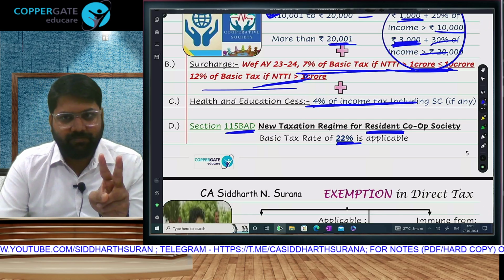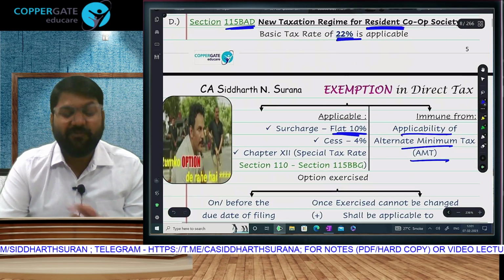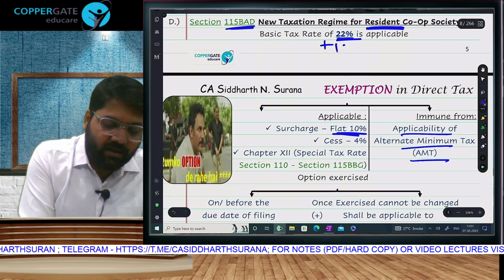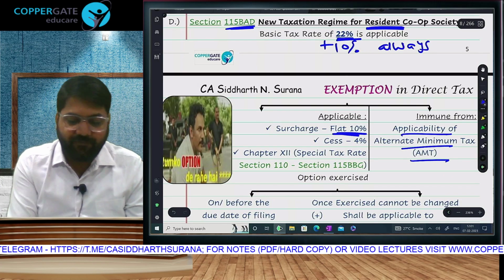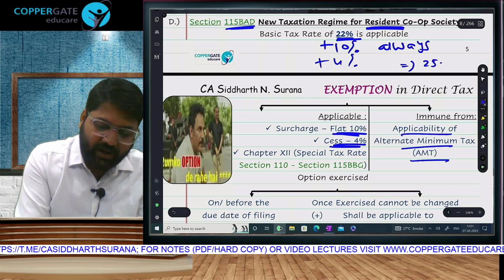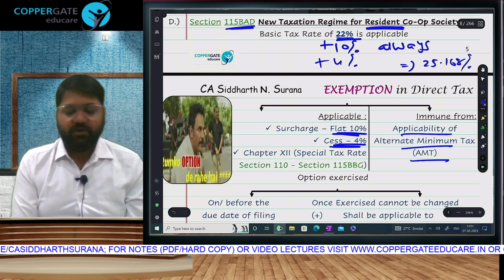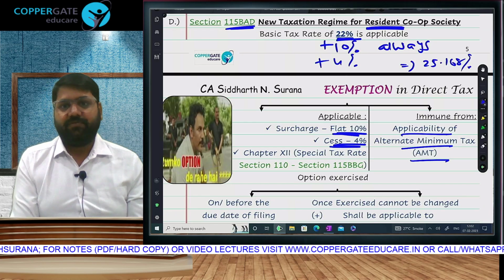More than 1 crore up to 10 crore 7%, and more than 10 crore 12% surcharge. But here flat 10%. So can I say 22 plus 10% always, just like cess, and 4%? Cess always comes. Effectively you can say 25.168% is going to be the effective tax rate of cooperative society, resident cooperative society in new regime.